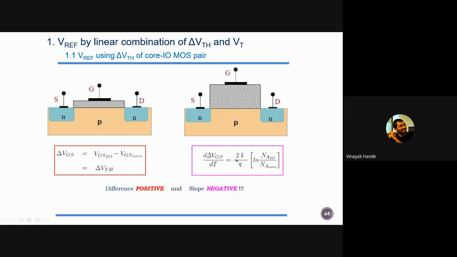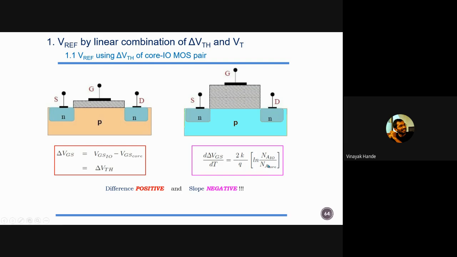But the interesting fact with this kind of architecture is that NA,IO, the doping concentration of the high VT transistor, the IO transistor, is smaller as compared to the nominal transistor, right? It is a well known fact, and I have already verified it in 180, 90, and 65 nm UMC technology.